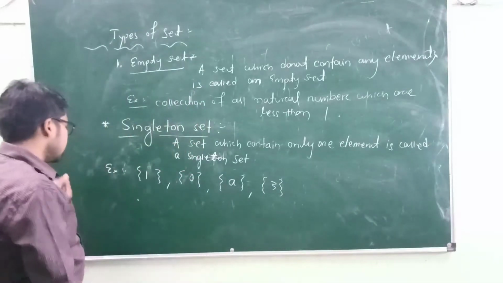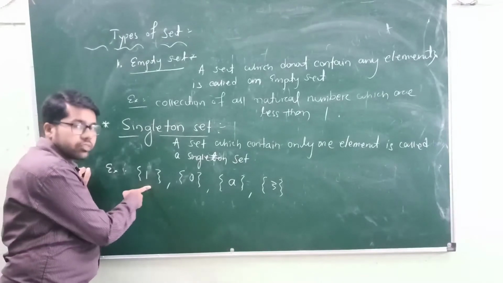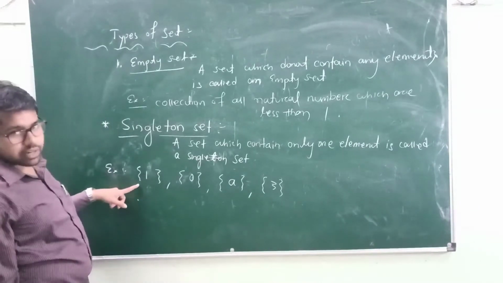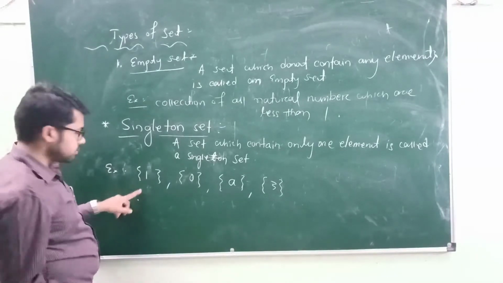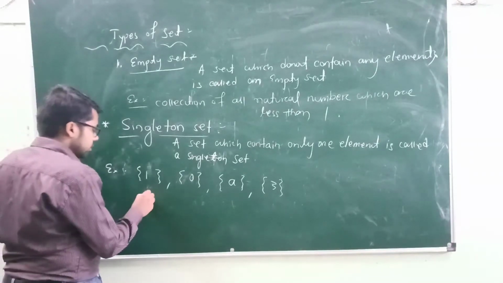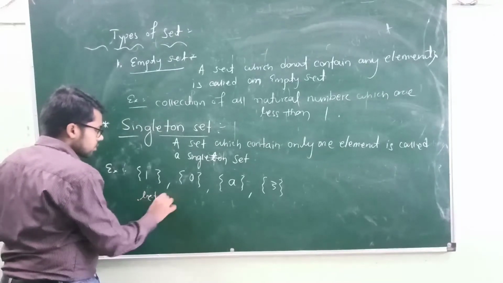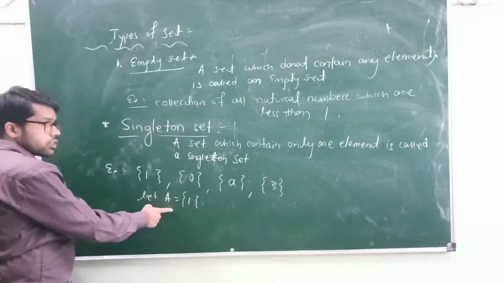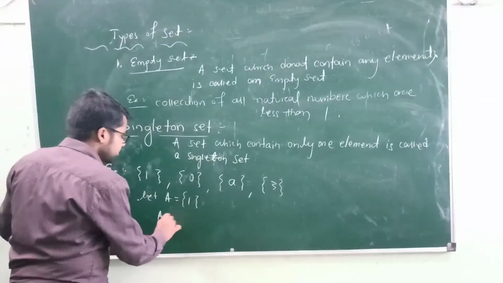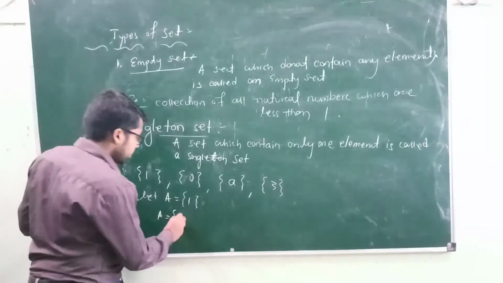Okay, let's see, you have a challenge. Can you write this set in set builder format? As this set is in listing format or roster format, can you write this set in set builder format? Try to write. See how to write. Let A equal this. It is in roster format. See how to write this set in set builder format.